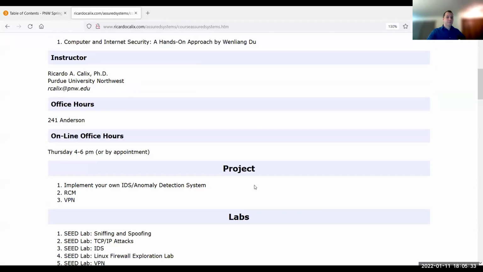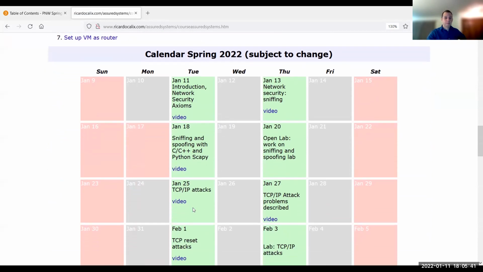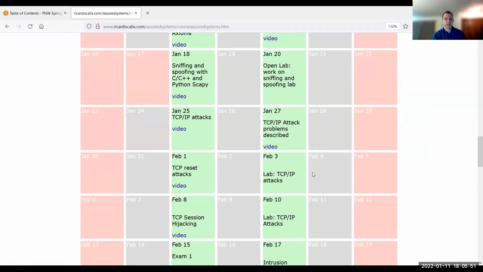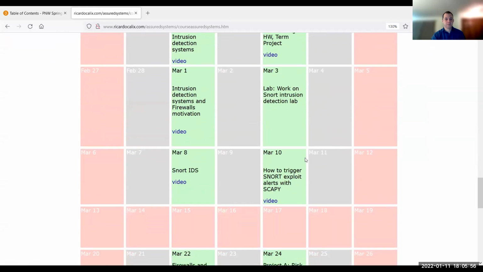This is usually where I just keep my calendar. I've already updated the calendar, so it should be current of what I plan to do. It also includes some videos of last year. I'll be replacing those with the new videos from this year, but they should still stay in the channel. If you want to look ahead, you can go ahead and do that.